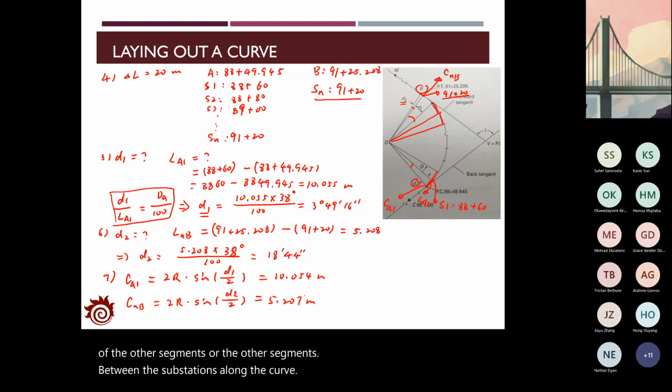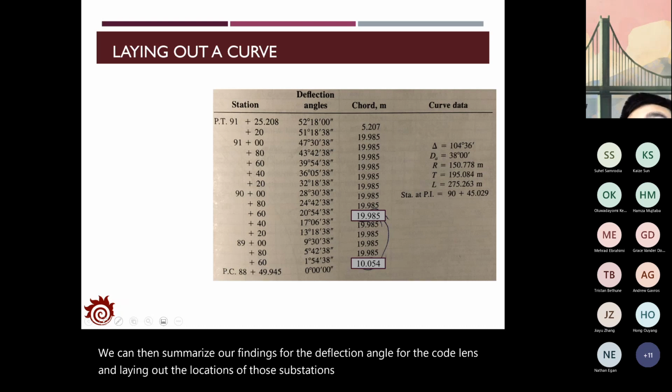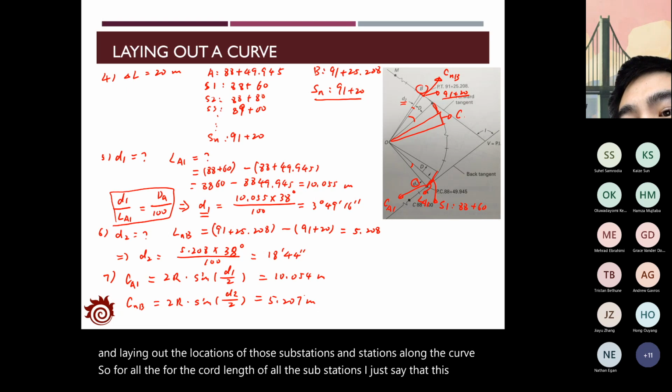With all this information, we can then summarize our findings for the deflection angle, for the chord length, and laying out the locations of those substations and stations along the curve. So for the chord length of all the substations, I just say that this is CS.